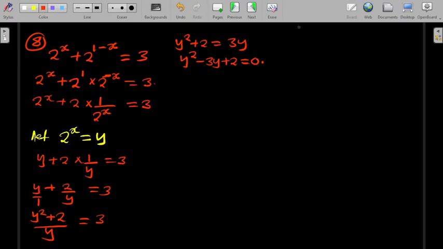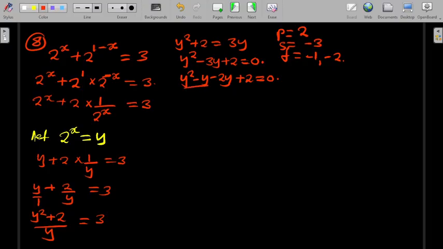Now what we have is a quadratic equation, so we need to solve for y. So get the product, sum and the factors. Here the product is 2, then the sum is negative 3. The factors that we have are negative 1 and negative 2. So we have y squared minus y minus 2y, plus 2, equal to 0.